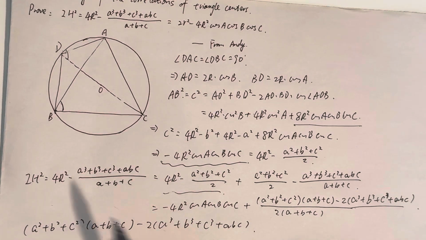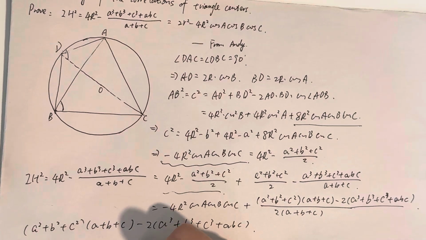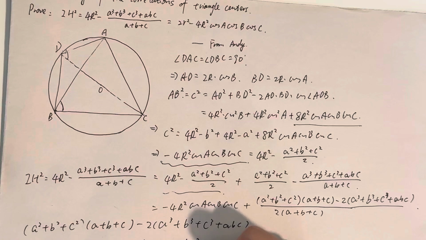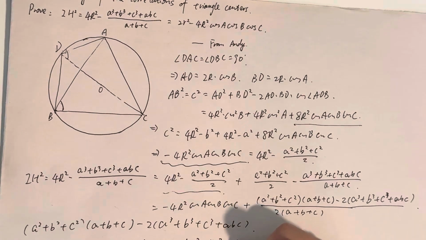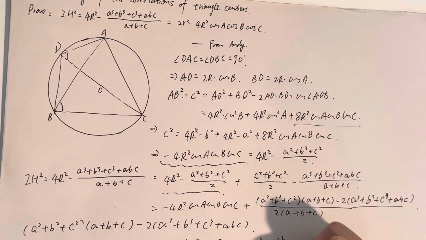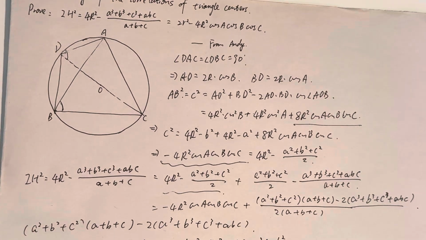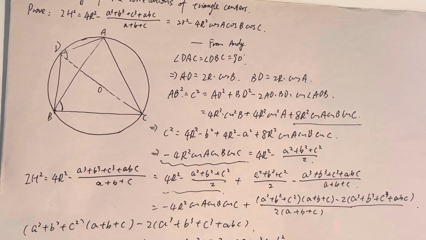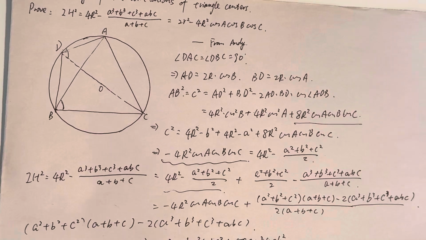So we just keep the rest part of the first product, which has ab squared plus ac squared plus ba squared plus bc squared plus ca squared plus cb squared, right? Now we want to reduce this one. Just look at this: we can extract c out, right?